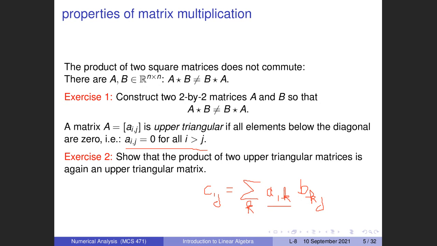In starting the proof of this exercise, you start by stating what needs to be done: that the matrix C, which is the product of two upper triangular matrices A and B, is upper triangular. That means this is what you have to prove here. You can first prove this by example, and then see that your arguments generalize to any dimensions.